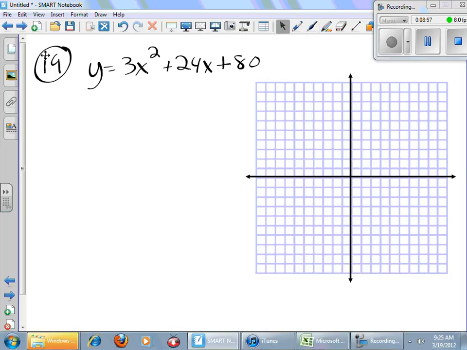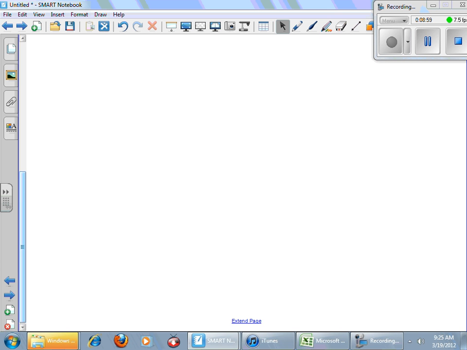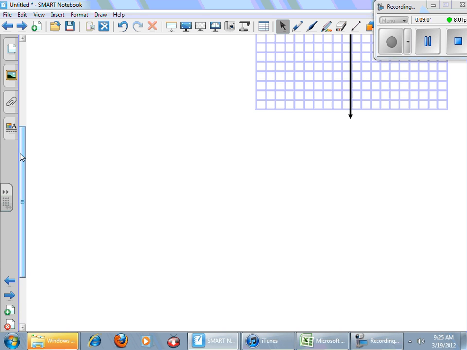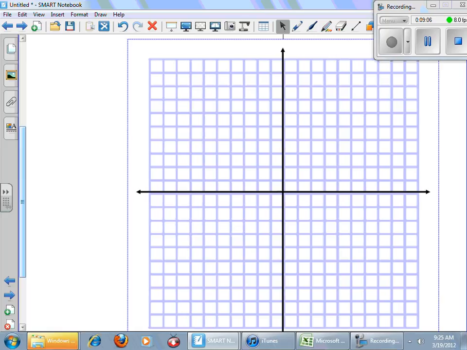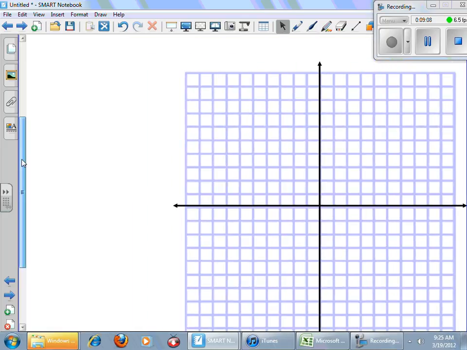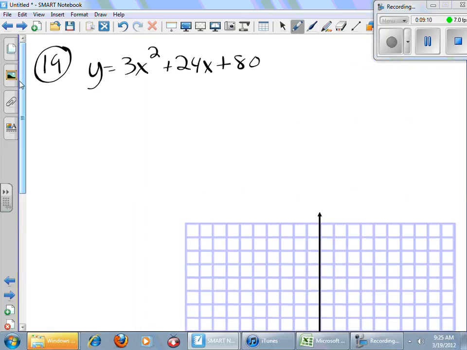And I think I might need to make my graph just a little bit bigger. It's easier to see. All right, so I'm going to identify A, B, and C. Okay, use the quadratic formula.